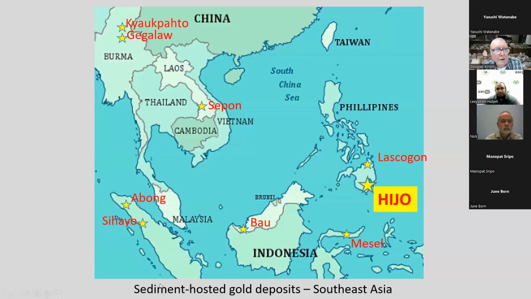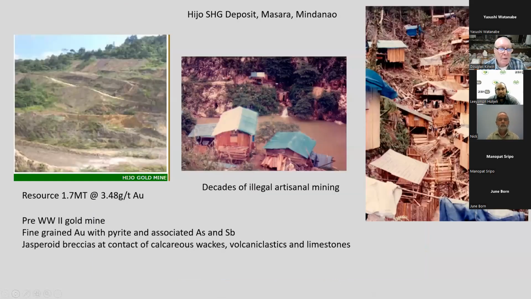Moving now to the Philippines, where there are at least two fairly well-known sediment-hosted gold deposits. The main one is at Ivanhoe, which is located in Davao del Norte province in eastern Mindanao. Ivanhoe was an area that had a couple of pre-Second World War American mines, both open pit and underground.